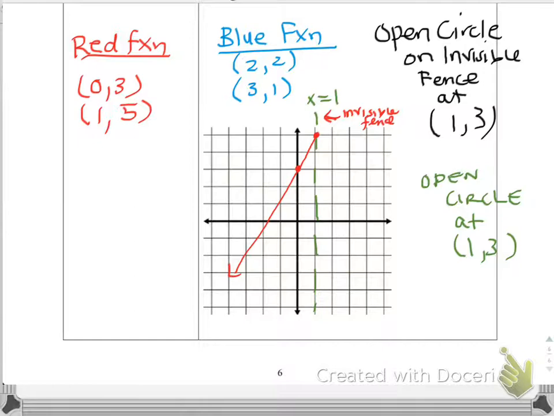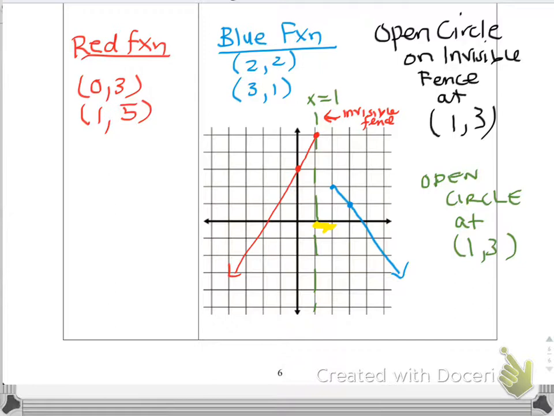And our points again for the blue were (2, 2) and (3, 1). This is why the open circle is needed. If we just were to plot this graph here, the values between 1 and 2 wouldn't go anywhere.